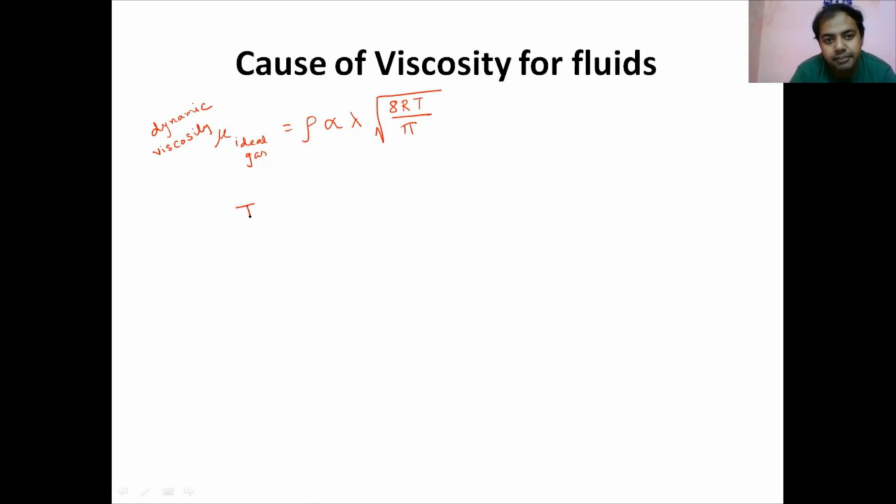So if you increase the temperature, you can see from the formula that the viscosity of a gas is also increasing.